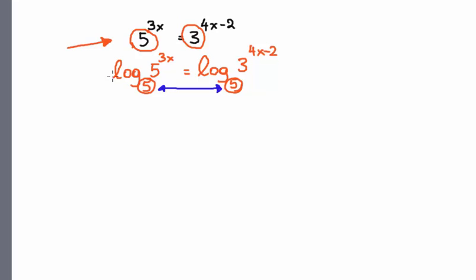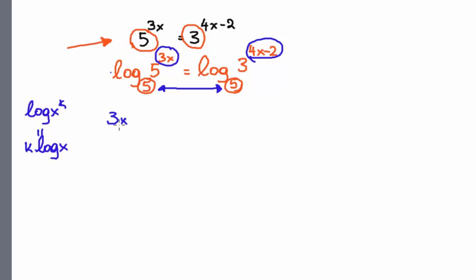Now, I will use the rules of logarithms in order to bring the 3x, that is the exponent here, and the 4x minus 2, that is the exponent here, down and multiply it by the logarithm. So the rule tells me that if I have a log of x to the k, this is equal to k times log of x. And this is what I do.